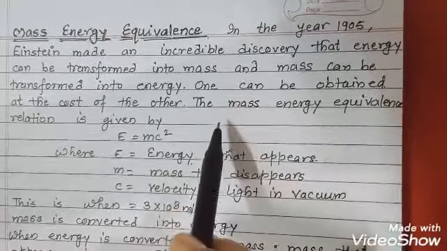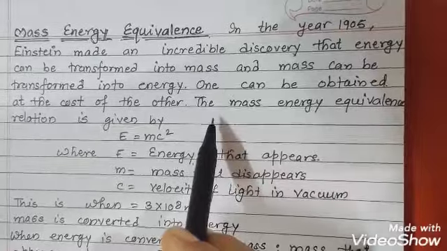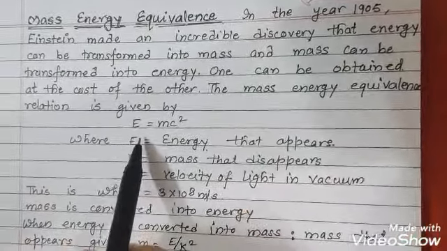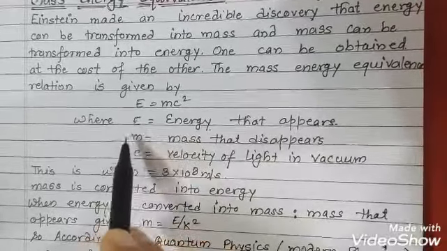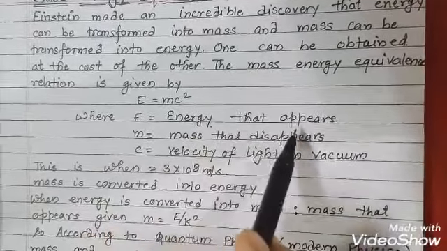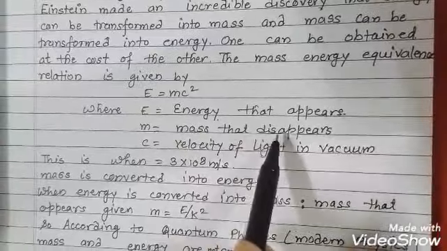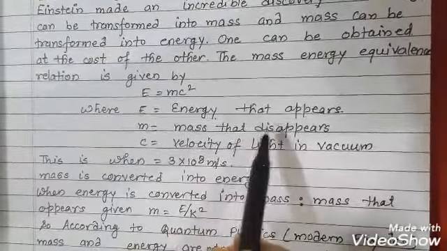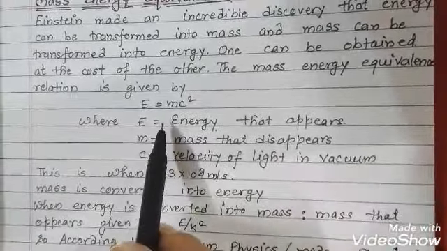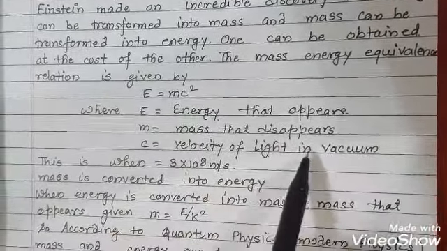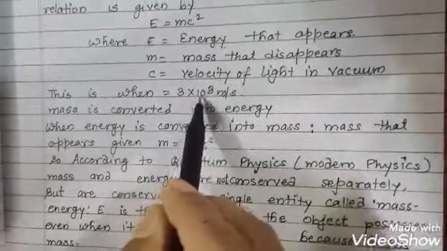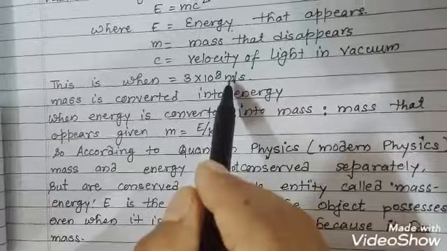The mass energy equivalence relation is E equal to mc square, where E is the energy that appears and m is the mass that disappears, and c is the velocity of light in vacuum, c equal to 3 into 10 to the power 8 meter per second.